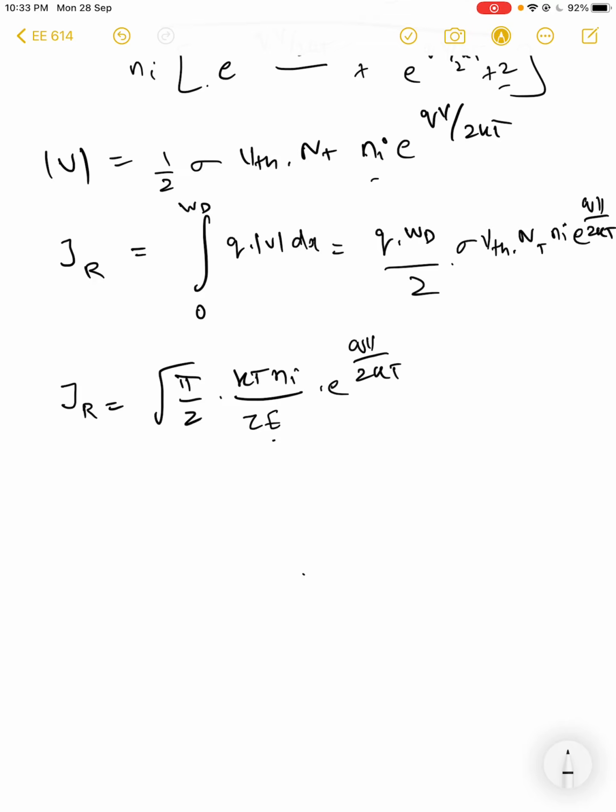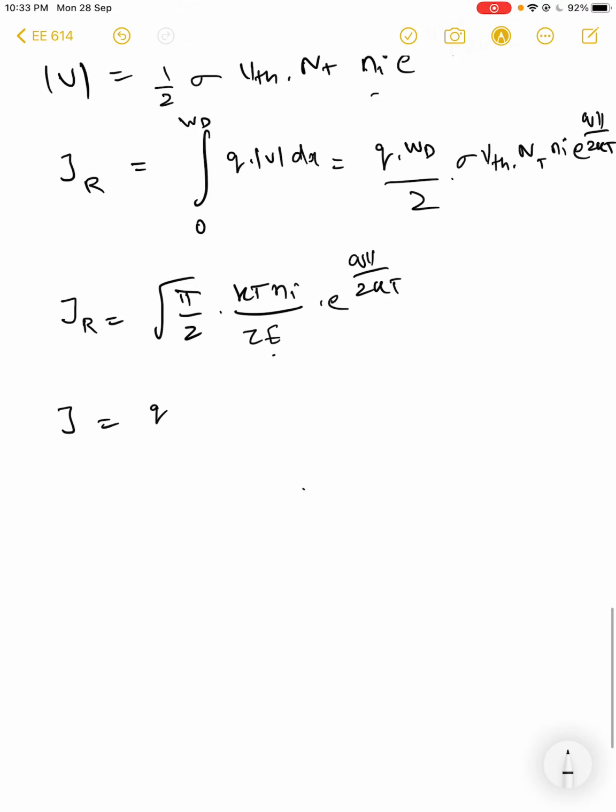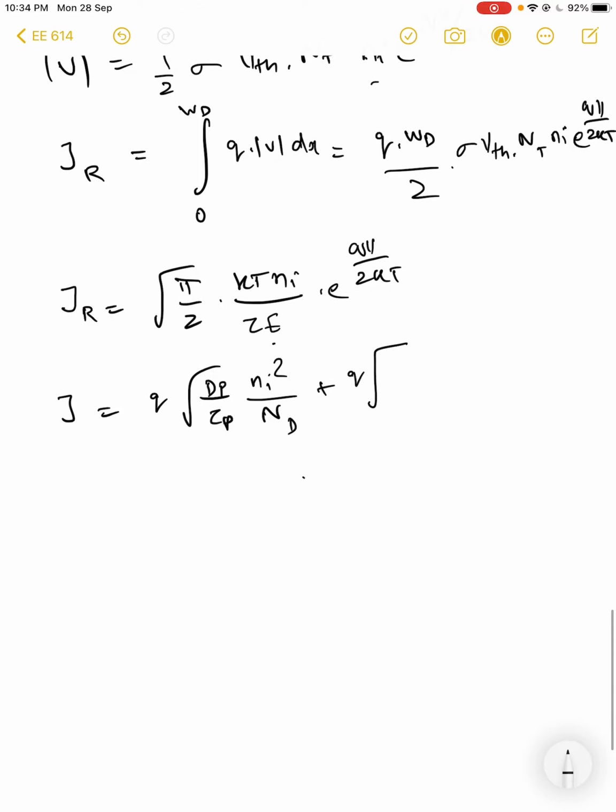So with this additional current due to recombination, the total forward bias current is given by, again, q root(Dp by tau p) ni square by Nd plus q root(Dn by tau n) ni square by Na. This is the I naught e power qV by kT.